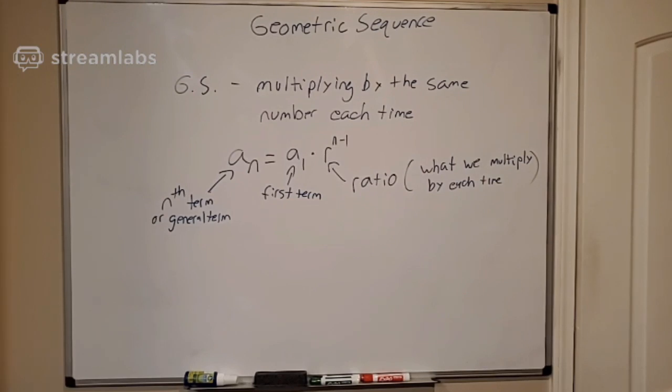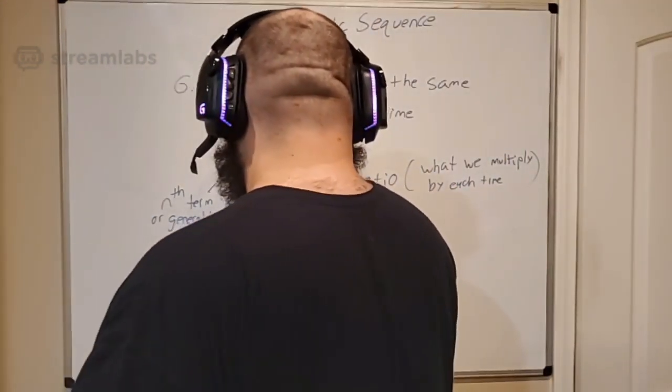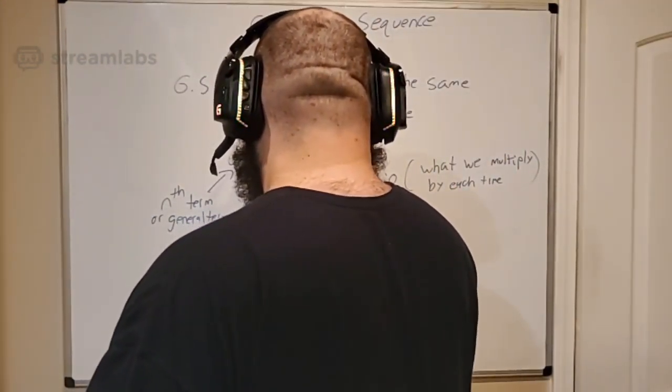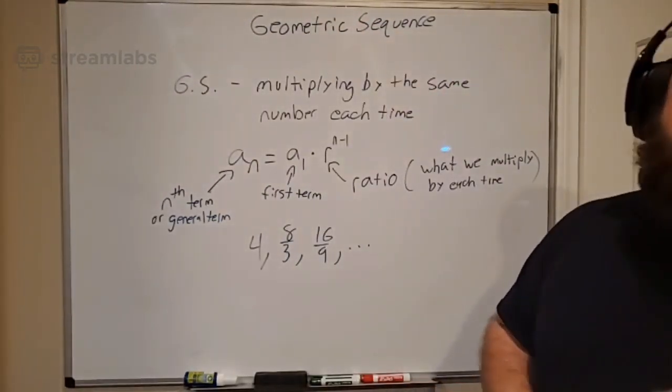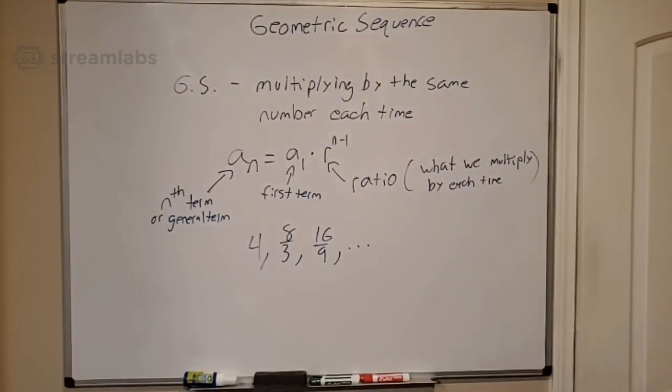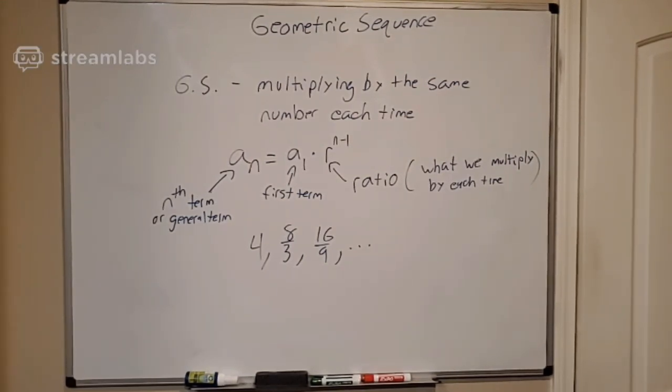All right, so we'll just jump into an example real quick. So 4, 8/3, 16/9, dot, dot, dot. So here we have to ask ourselves first, is this a geometric sequence?